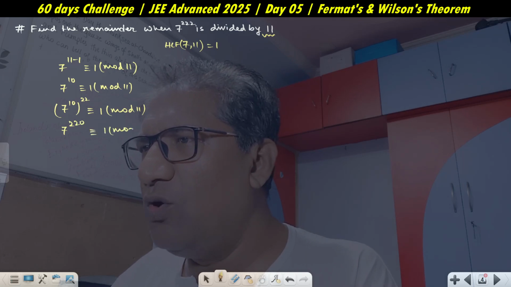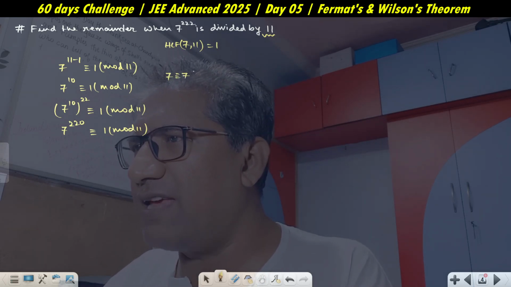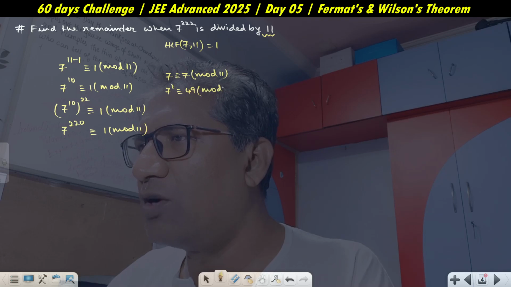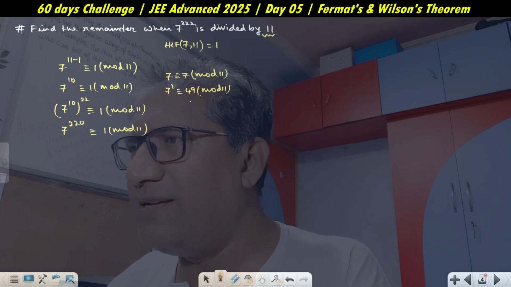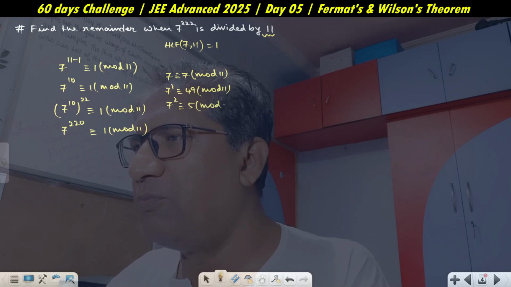is 1 modulo 11. Now we all know that 7 and 7 are congruent modulo 11. So 7 squared is basically 49 modulo 11. 49 cannot be the remainder, so let me subtract 44 out of that. So it is again 5 modulo 11.